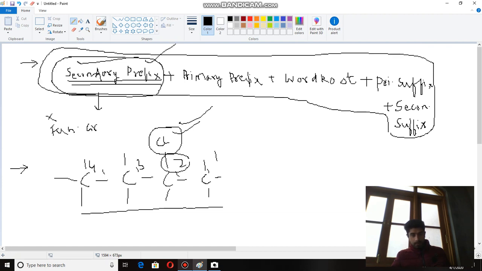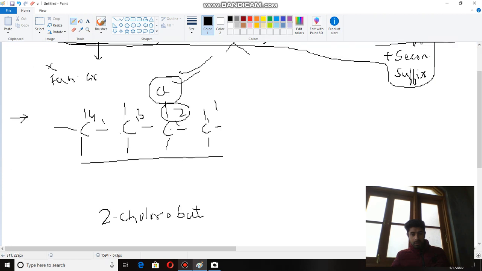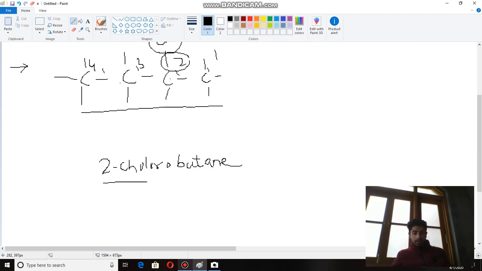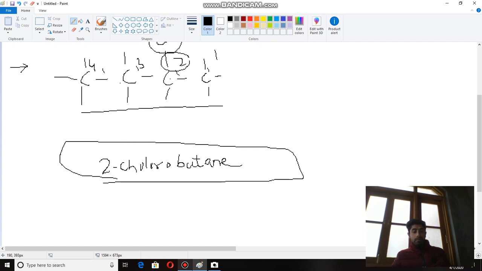It's only secondary prefix. The primary prefix is not here, and then comes this word root, 1, 2, 3, 4 bute, and then comes this primary suffix, single bond everywhere, and this secondary suffix is not present here because there is no principal functional group.